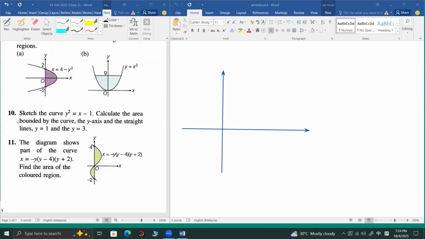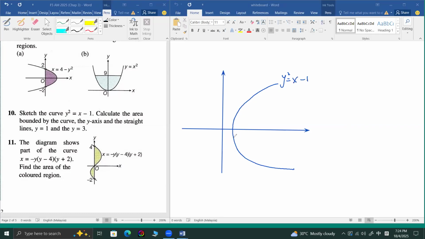But for me, I just go direct. So this type of graph, y squared equals x minus 1, the graph is like this.